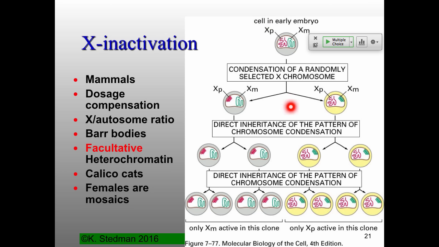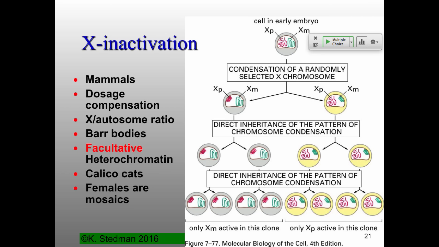Once those get inactivated, it has to do with a heterochromatin formation that compresses the chromosome and basically inactivates almost all of the genes. And there are a few exceptions to that. The book talks about the calico cat example, where female calico cats will have mixed colors, and that's because the coloration genes are on the various different X chromosomes, depending on which one's inactivated and which one's not.